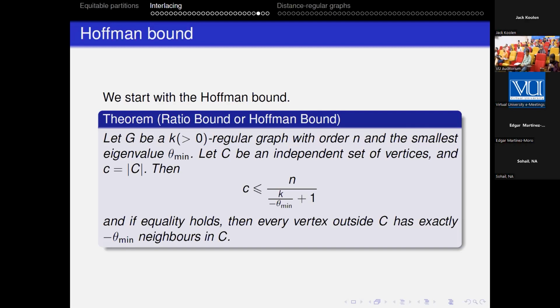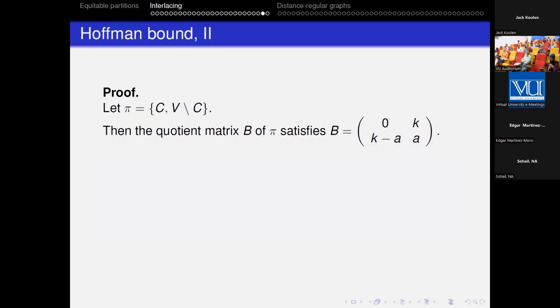And if equality holds, then every vertex outside C has exactly minus theta min neighbors in C. We have to prove this.